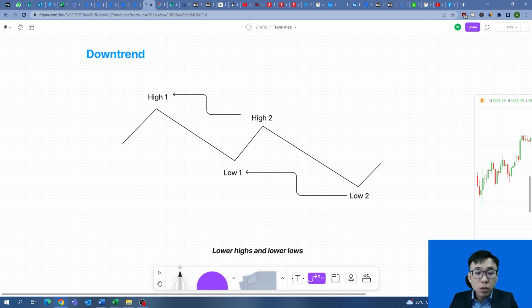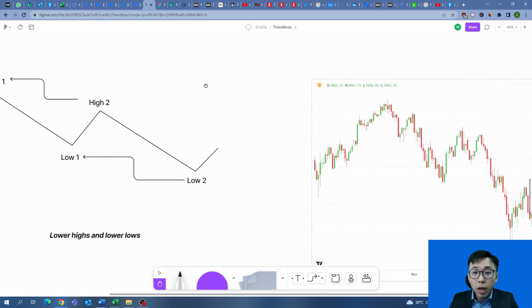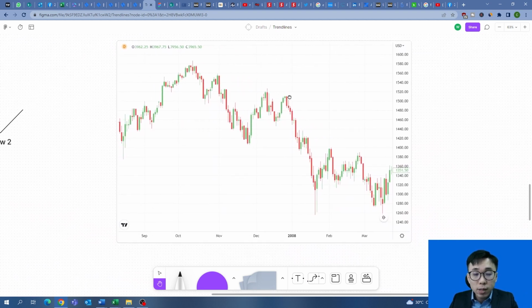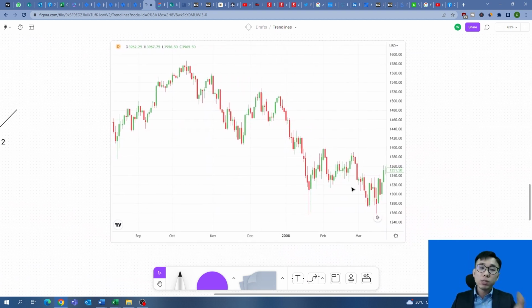In terms of real life application, this is one good example. We can categorize this as a downtrend because when you look into the highs and lows in each period, they are significantly lower than the previous one.